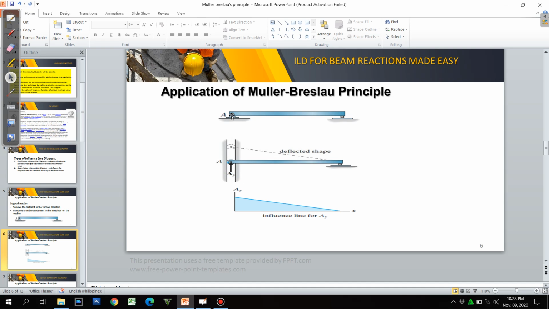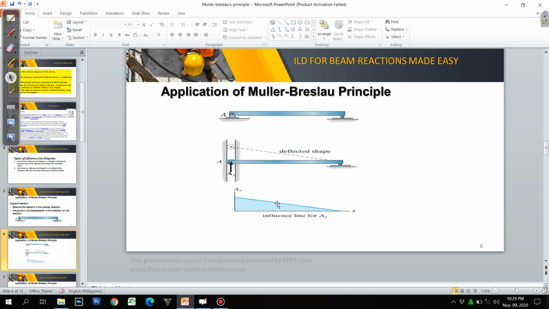So at A, this was removed and then replaced by a roller that is moving up and down. And this is resting on this roller. So what we do is just to push it upwards at A. So since A is our concern, we'll just have to place 1 there, or the displaced value is 1.